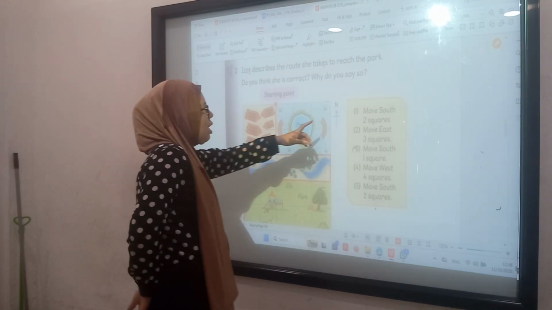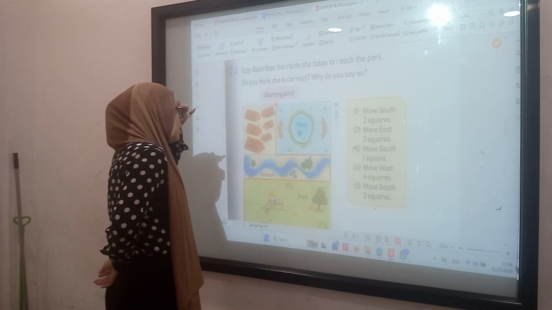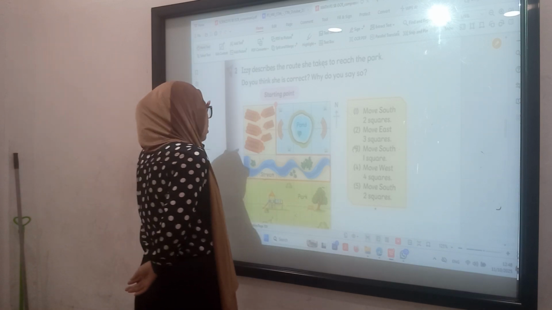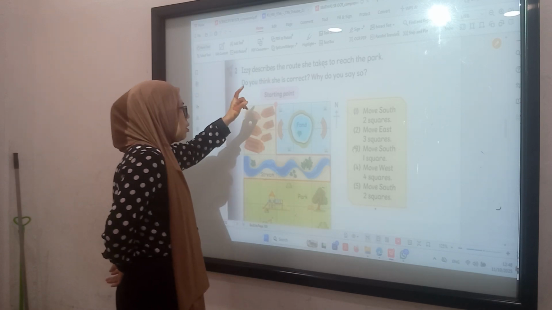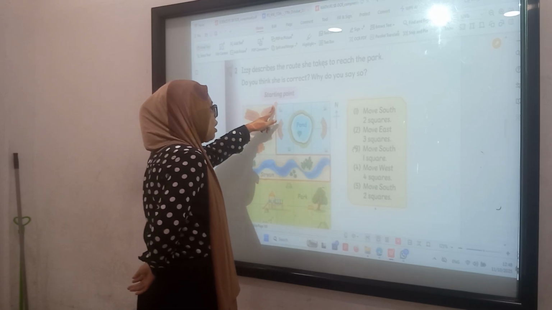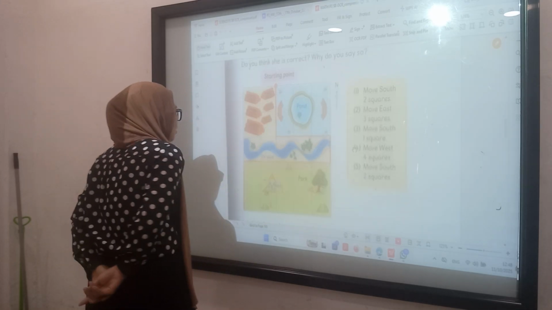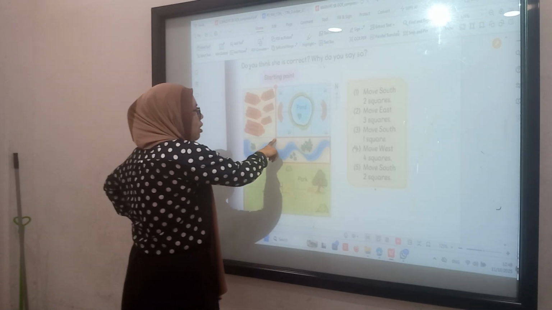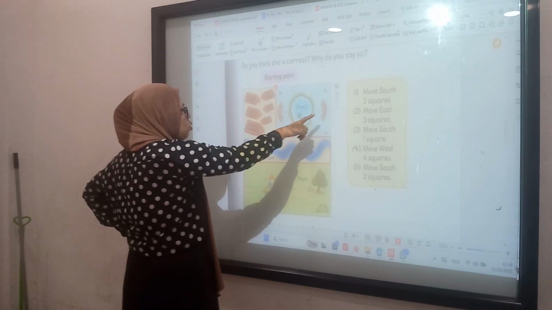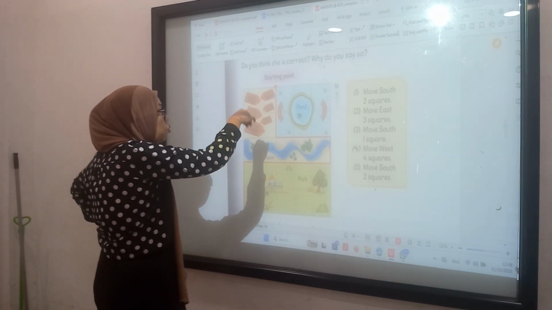The first, he has to move two squares south. So this is north and this is south. So we have to move below.